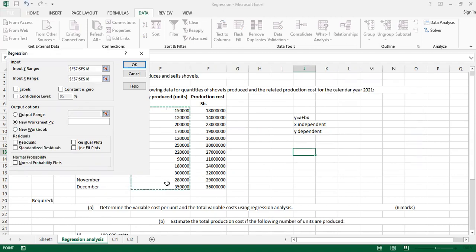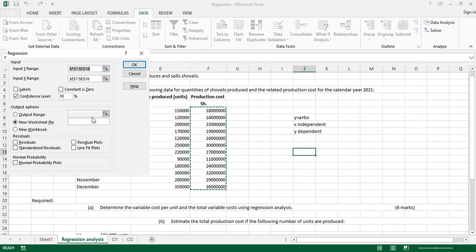Right, our table doesn't have the labels, and the constant zero is not there, but you can see I've been asked about the 95% confidence level. So we will take this one. This confidence level is always likely to be 95% or 99%. That is like a 5% chance of being wrong.